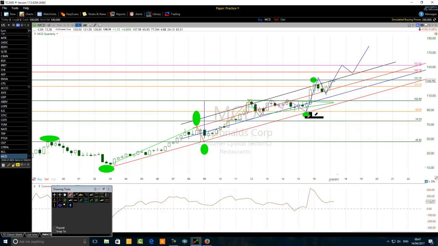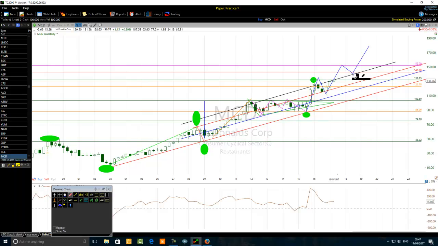Right now, we have this move up, followed by the second move, and we will be expecting the McDonald's stock to continue to go up and to exhibit 5 minor waves for the fifth wave that we are expecting to be extended.